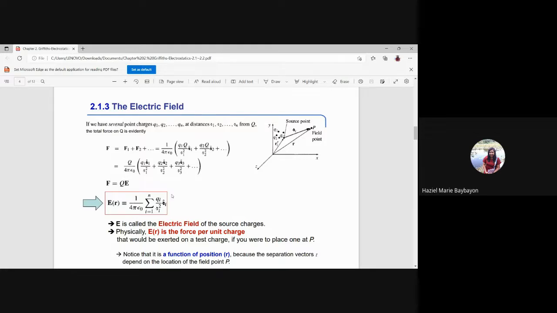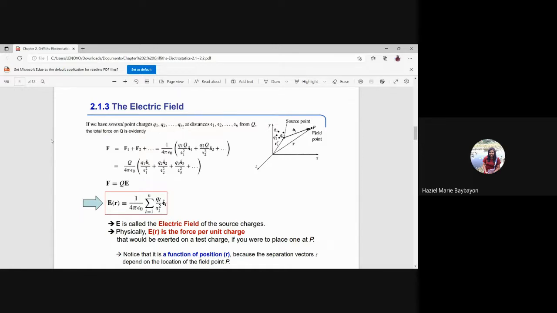So if another charge is present in that particular space or near it, it will sense that aura. Okay, so the electric field will act as an intermediary between the two charges.